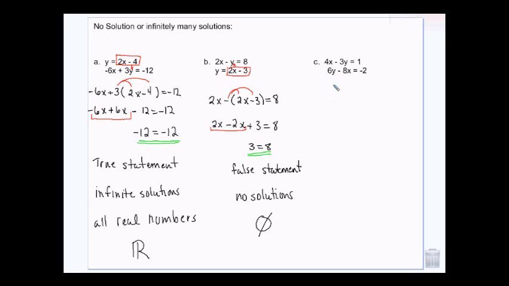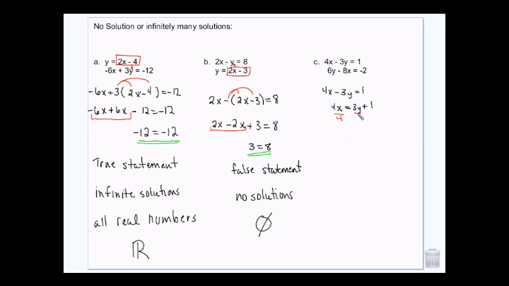So we need to decide if we want to do X's or Y's. X's, okay. So I'm going to use the smaller numbers. So 4x is equal to 3y plus 1.